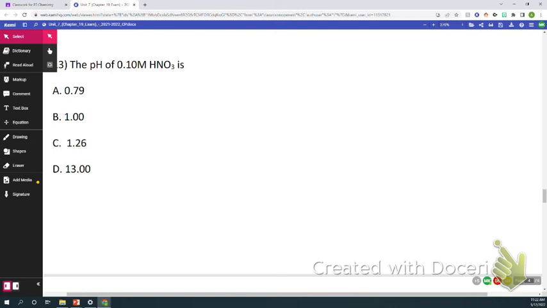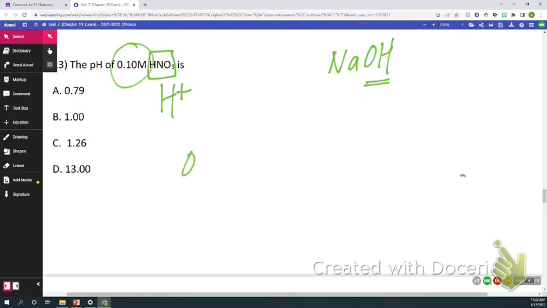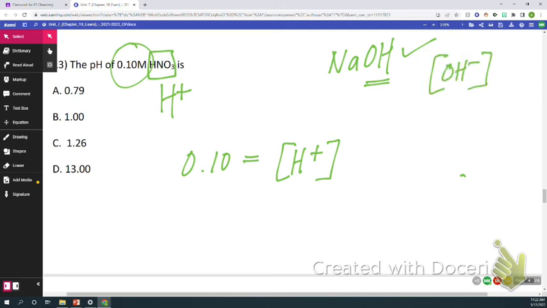Remember how earlier there was a problem that had NaOH? And whatever number they gave you, that was the OH minus. This time, there is no NaOH, but there is an H. So you know what this number is? That is the H plus. On that last problem it was OH minus, but this time it's H plus.